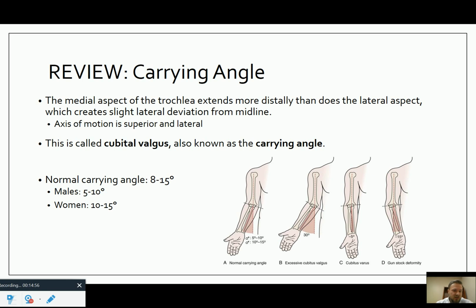In males, it's a little less, and in women, it's a little higher. You can review your kinesiology notes on why there's differences. We won't dive into that for this lecture. You also have the opposite occur, which, as you look at the picture here, could be a varus deformity, which is also called a gunstock deformity.